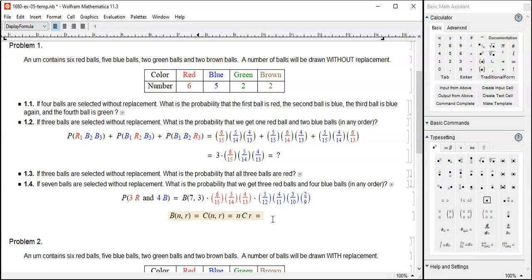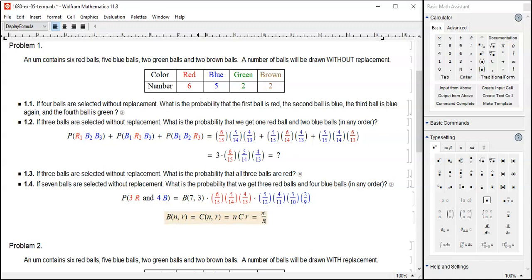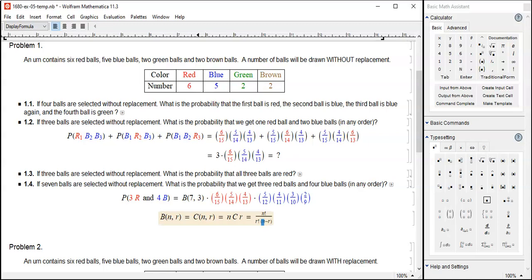In any case, here's a formula: N factorial over R factorial times N minus R factorial. So this is 7 factorial, that is 7 times 6, 5, 4, 3, 2, 1, all those multiplied, over, I'm selecting 3, so 3 factorial, 3 times 2 times 1, and then 7 minus 3, so 4 factorial.